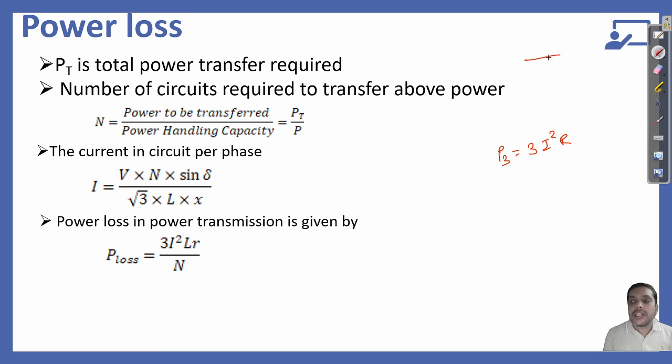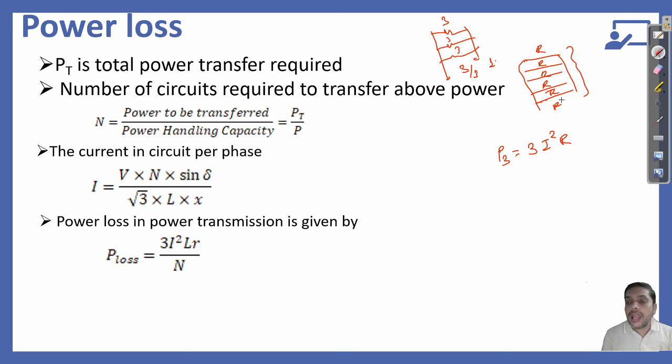But here, n number of transmission lines having resistance R are in parallel. What is the effective resistance? Let us consider three 3 ohm resistances connected in parallel. The equivalent will be 3 by 3, that is 1 ohm.